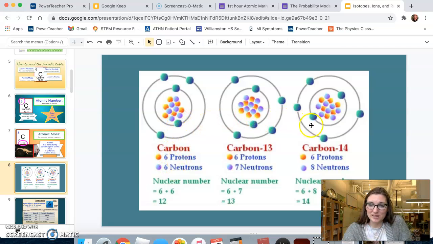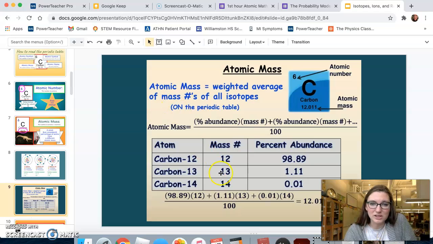One example of this that we use for a lot of things is carbon. Carbon usually has 6 protons and 6 neutrons, like most of the time. But sometimes it will have an extra neutron, and sometimes it will have 2 extra neutrons. Let's look at the percentage of each one. 98.89% of carbon is carbon-12. 1.11%, which is not nothing, right?